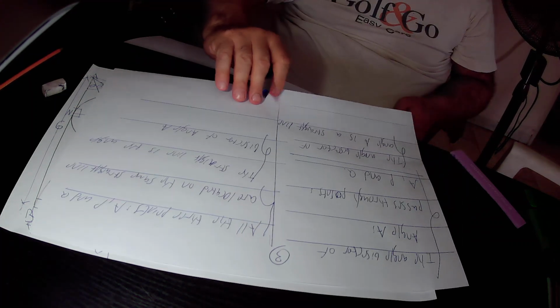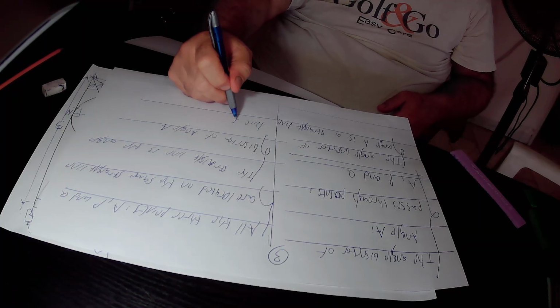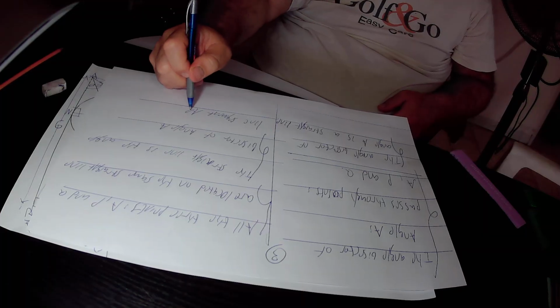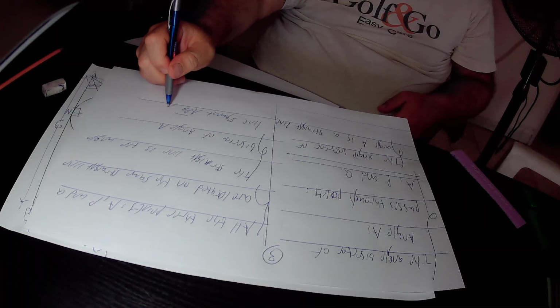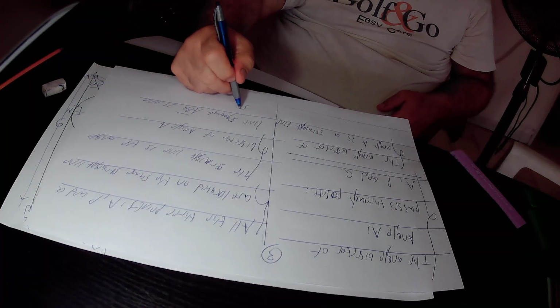So if you know line segment APQ is one straight line.